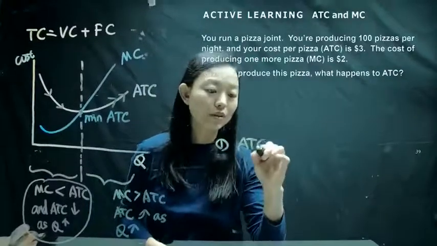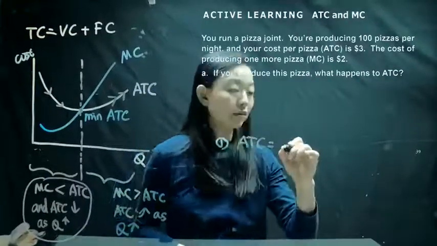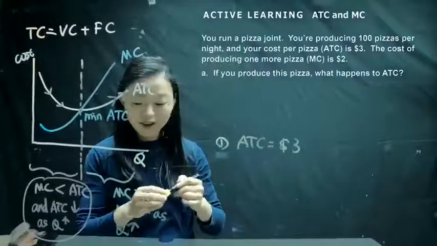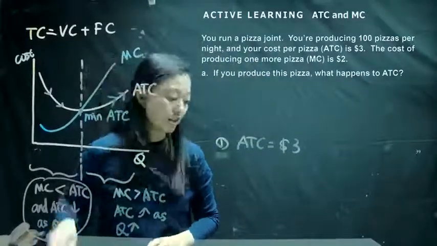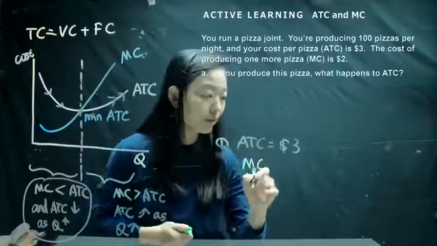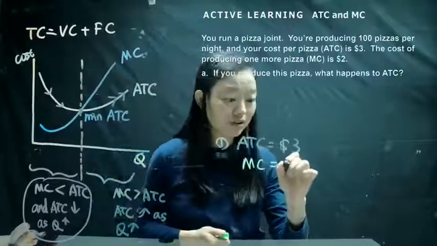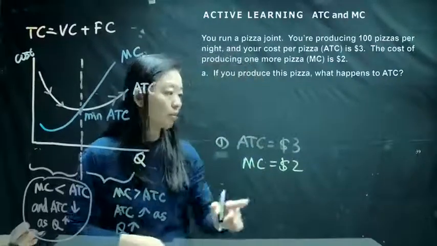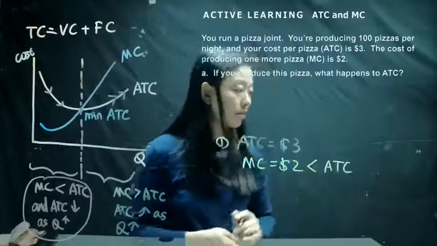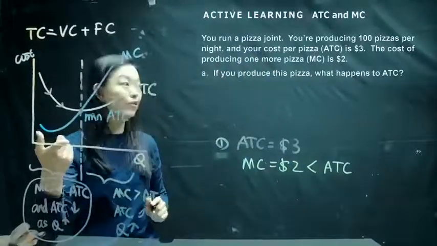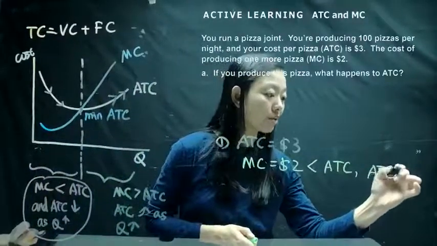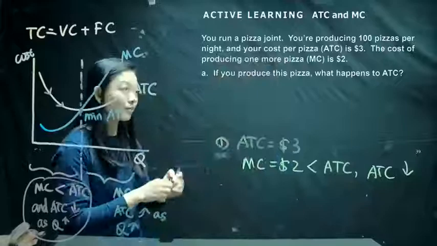The average total cost of the pizza is $3, and the marginal cost of producing one more pizza is $2. This $2 is still smaller than average total cost, so if you produce this pizza, the average total cost will decrease, right?